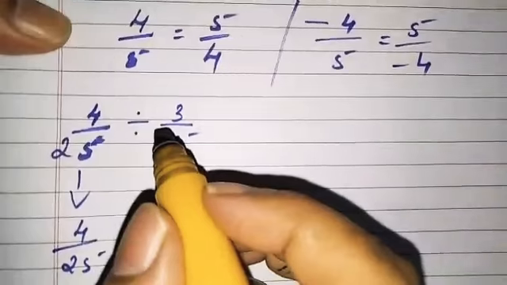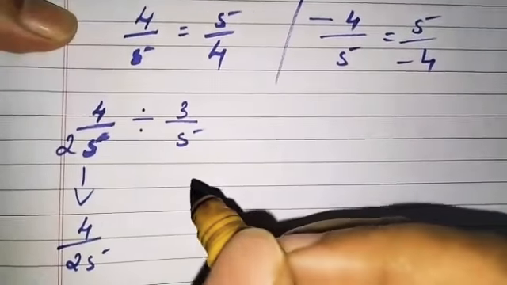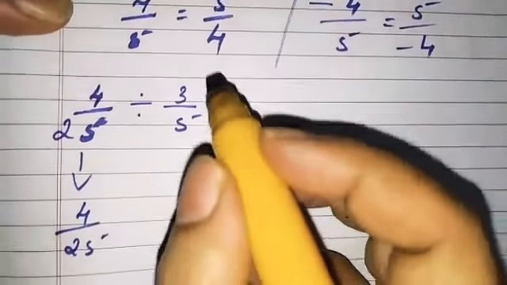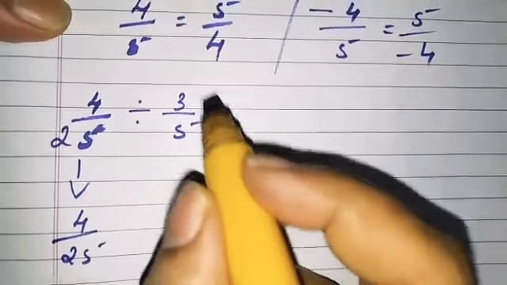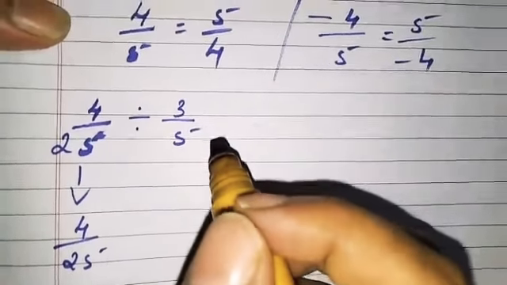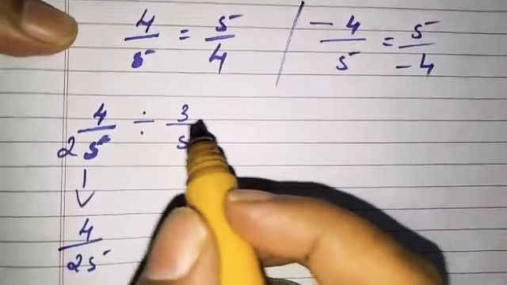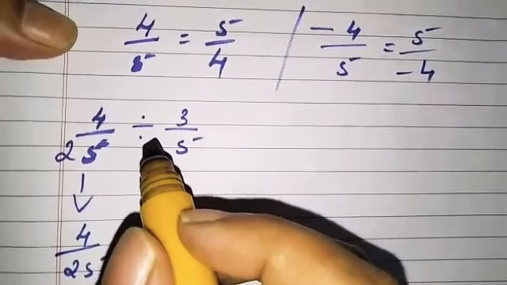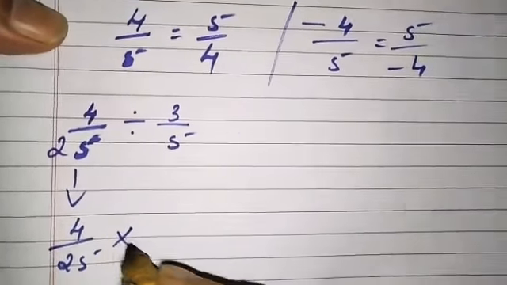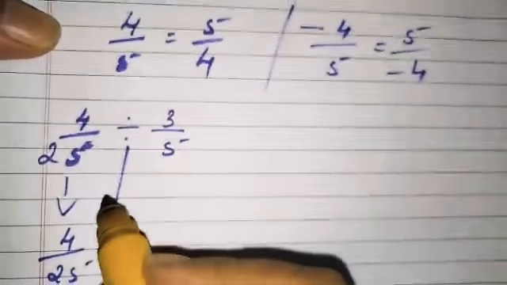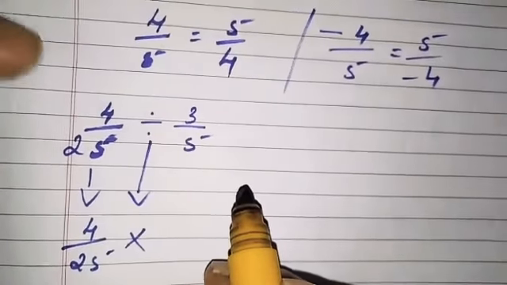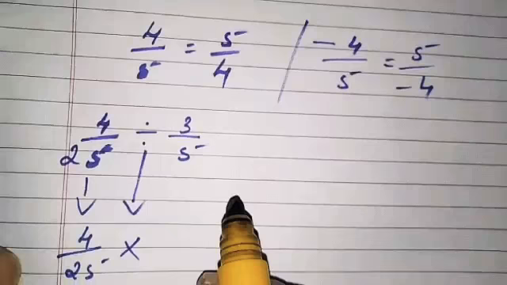And now because we are taking the multiplicative inverse of 3 by 5, which is 5 by 3, we are going to change the division sign into the multiplication sign. So this is the second step. The first step is we just took this as it is.